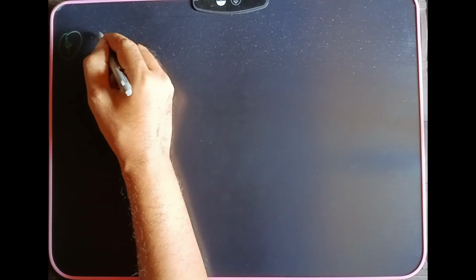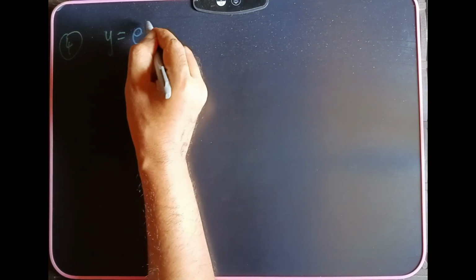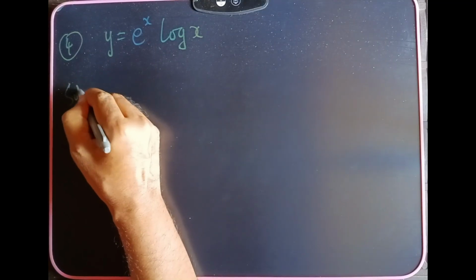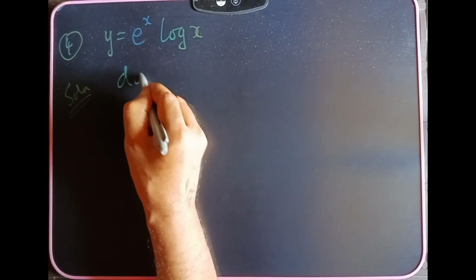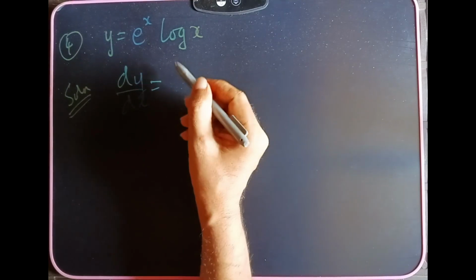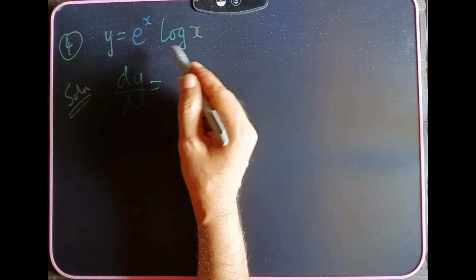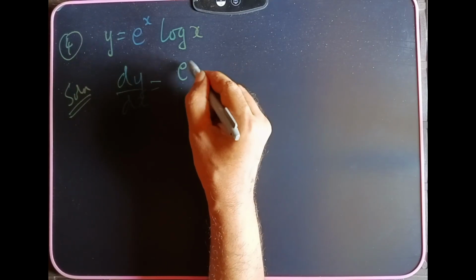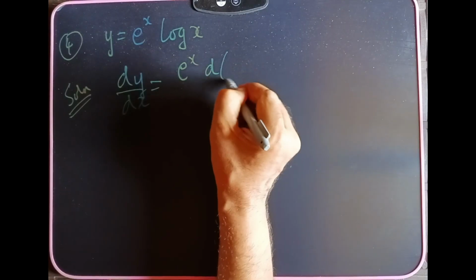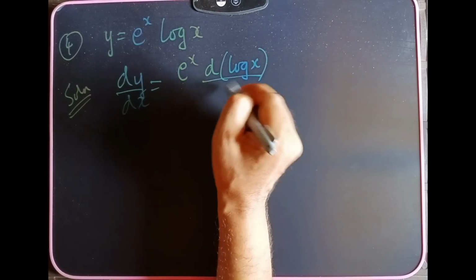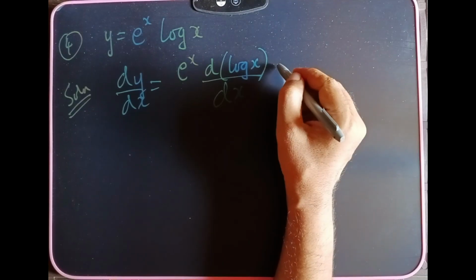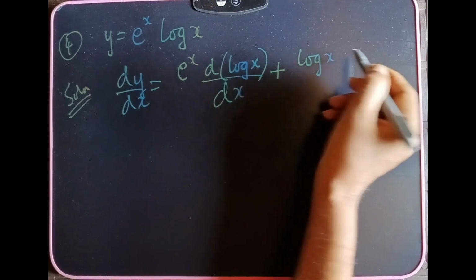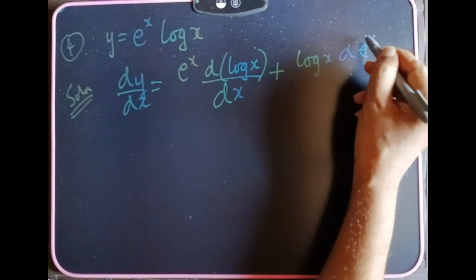Last problem, y is equal to e raised to power of x log of x. Pause it and try to solve yourself first. dy by dx will be equal to product rule. You can apply directly the product rule here. So what is the product rule? e raised to x times derivative of log of x, plus log of x will remain out, and derivative of e raised to x.